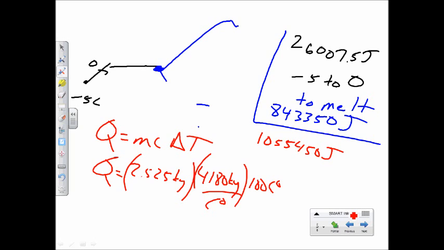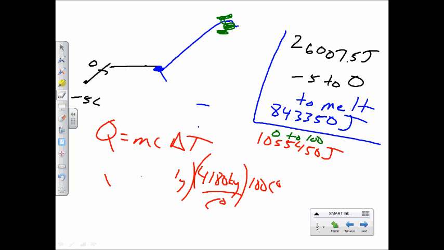Now we're going to make a note on this. This number is to take us from 0 to what? To 100. Right now, right up here, what do we have right there? Water. Water at 100. But it's not what yet? Not steam yet.